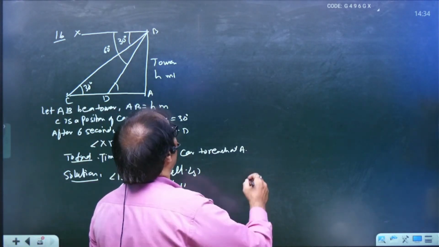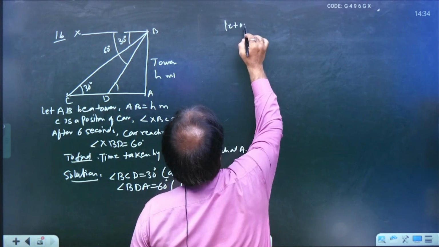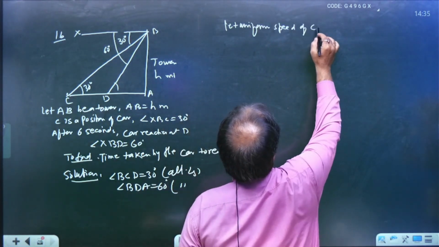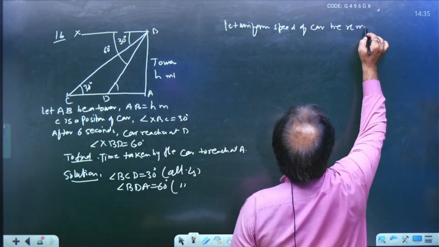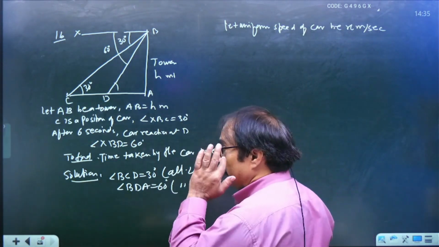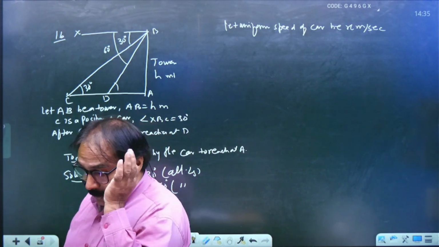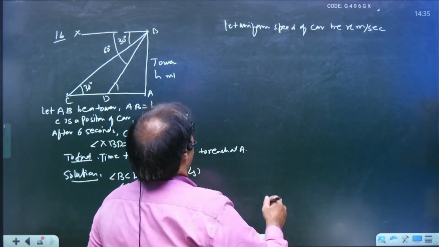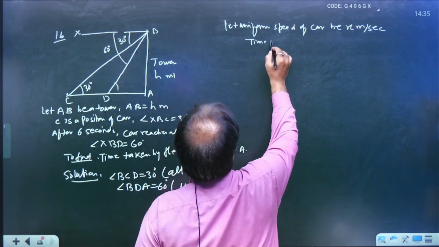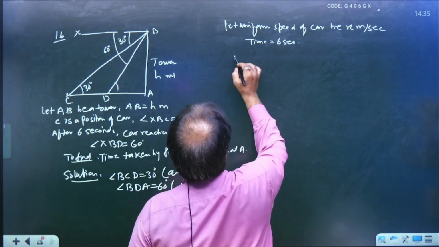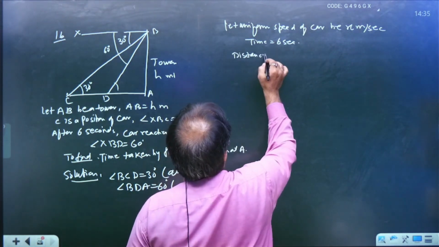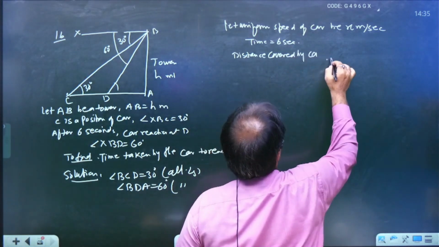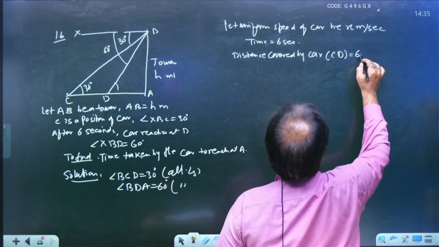Okay, and now let the uniform speed of the car be x meter per second, because time is given in seconds, right? So that's why I have taken x meter per second, and time is equal to 6 seconds. So the distance covered by the car, that distance is CD, that is 6x meter.